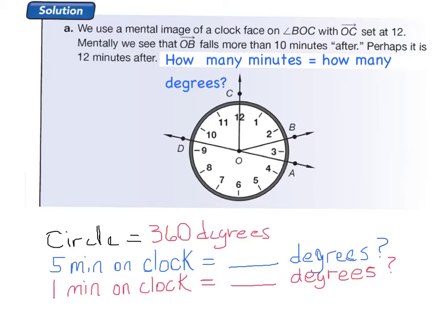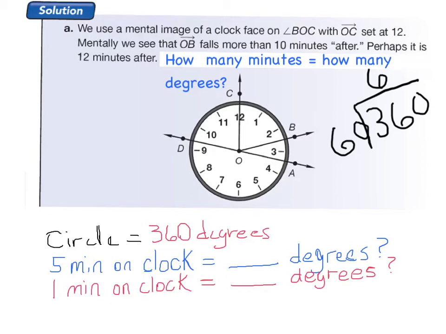Well, 360 divided by 60 is 6, so every minute is 6 degrees, so 5 minutes would be 30 degrees.